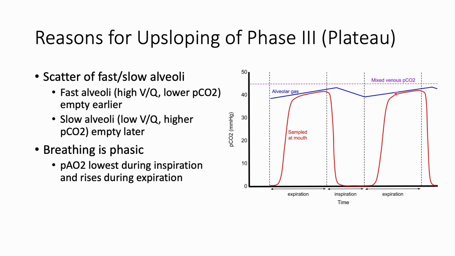So during the expiratory phase, alveolar PCO2 increases. And in fact, if the expiratory phase is prolonged, then the PCO2 will continue to increase until it reaches and equilibrates with the mixed venous value. And this takes about 10 seconds to occur.